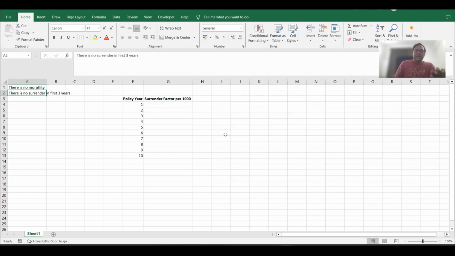In the Indian scenario also there is a lock-in period. I think that lock-in period is 5 years, not 3 years, but for our example, we're going to consider this. The surrender value should be increasing, and it should gradually mature into the maturity value, or the final sum assured.